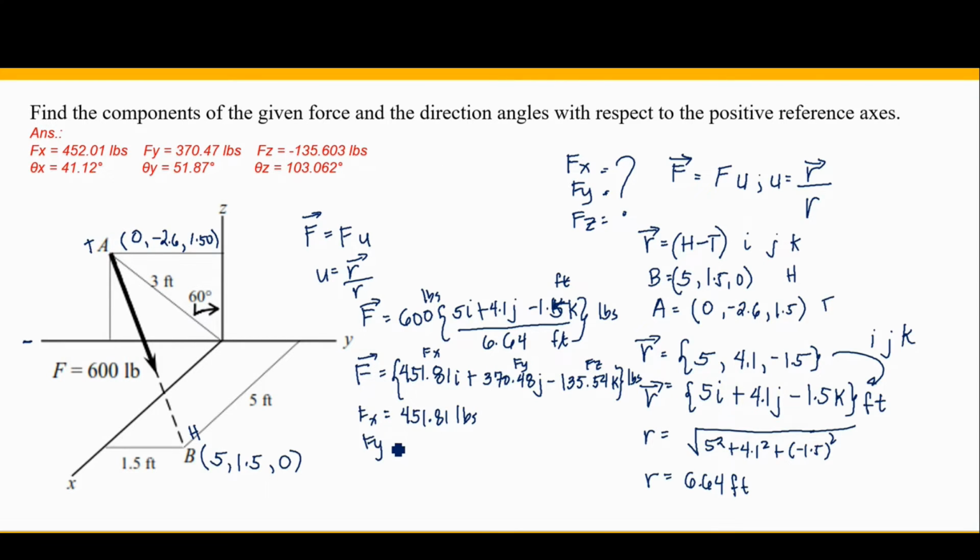Next one, Fy is equal to 370.48 pounds, and Fz is equal to negative 135.54 pounds. Don't forget the sign. So ito yung hinahanap for the first part. The next one is the positive reference axis.